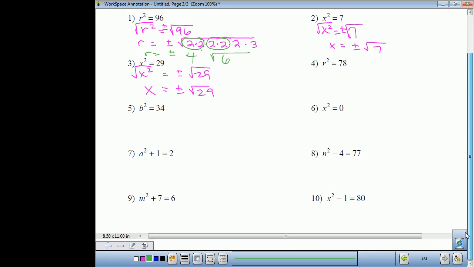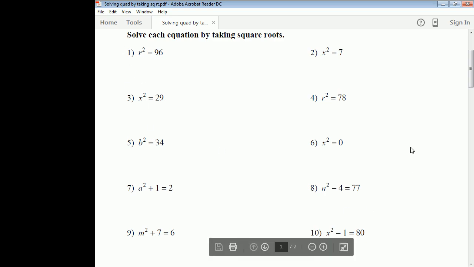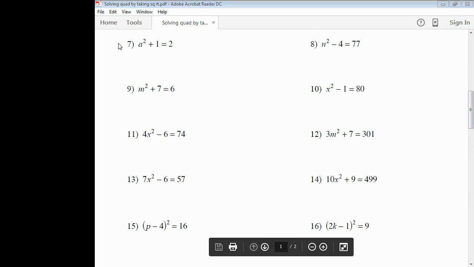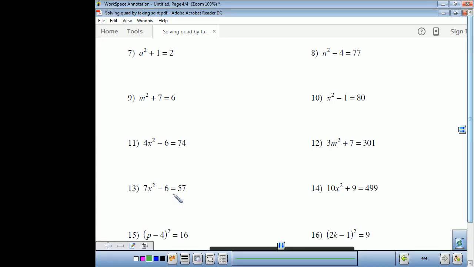Okay, now let's skip to number 7. Number 7 has extra stuff. And what we have to do is get rid of the extra stuff.